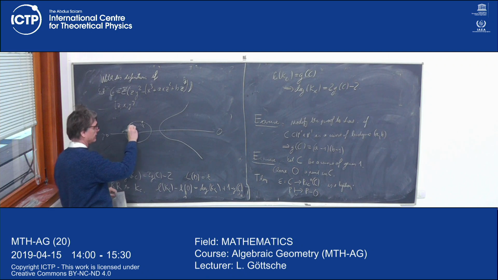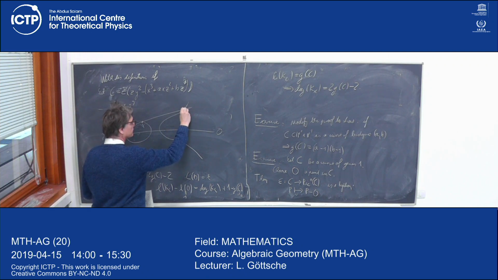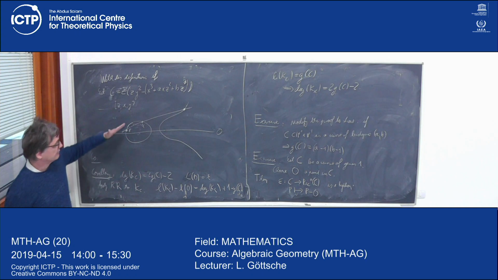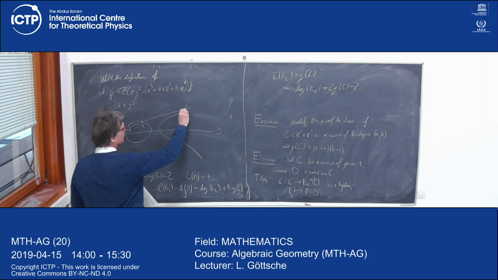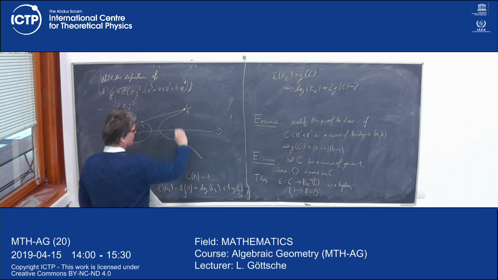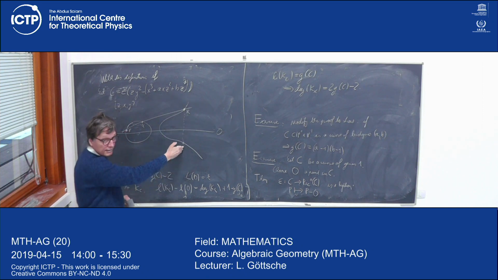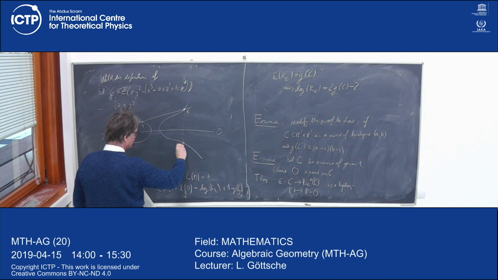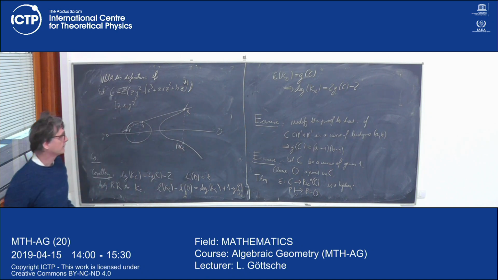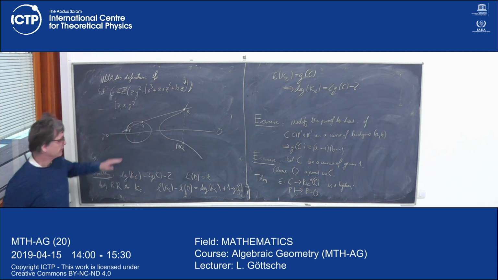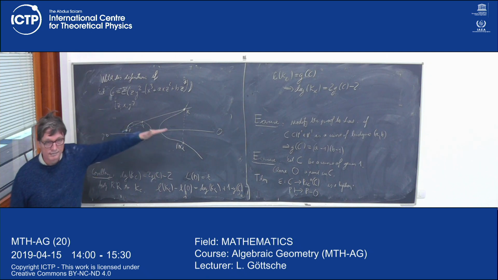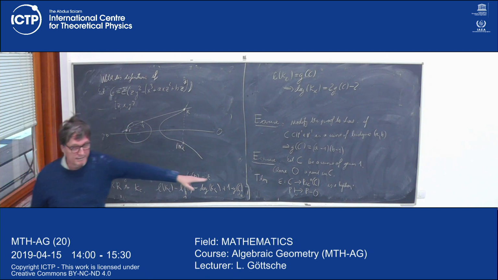You take the line connecting these two. This will intersect in a third point, because the degree of this divisor, given by a linear polynomial, is 3. Then I reflect it. This point I call R. Sorry, this is symmetric, so I go down here, and this point will be P plus Q. Anyway, this is a geometric description of the group structure which one obtains in this way.